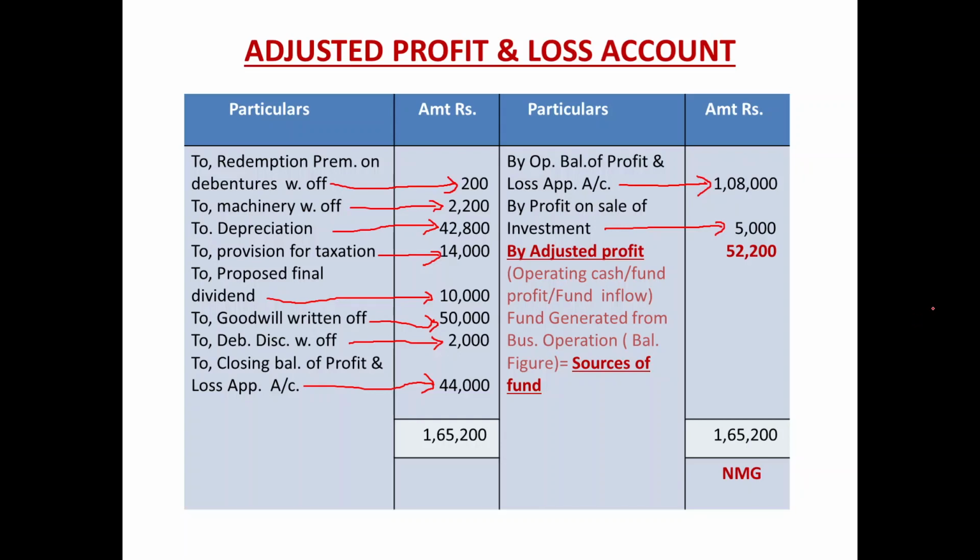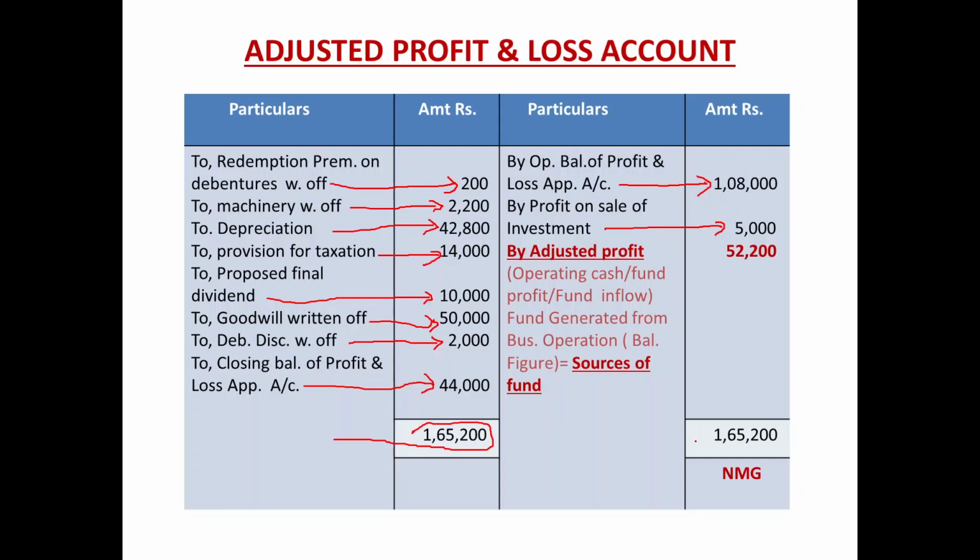So balance sheet reading is over. We completed all the items. Now only two accounts are there which you have to close. First, close this adjusted profit and loss account. Total of debit side, left hand side, or you may say plus side, looks bigger. It is 1,65,200.